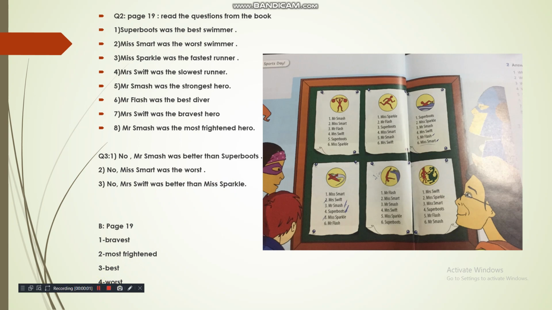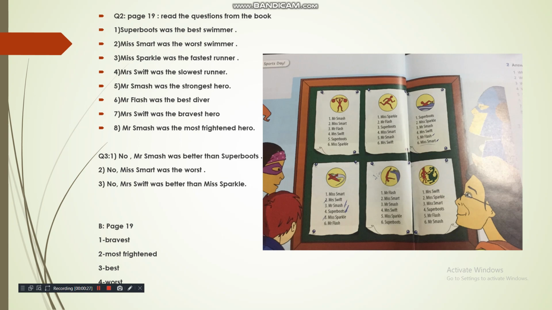Now, page 19. B. Complete the sentences with the correct form of the word in brackets. 1. Mrs. Swift was the bravest of all the heroes. We used superlative adjective. 2.